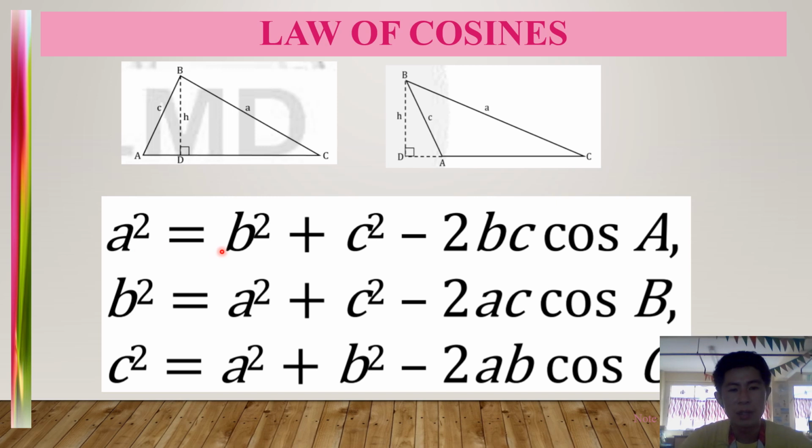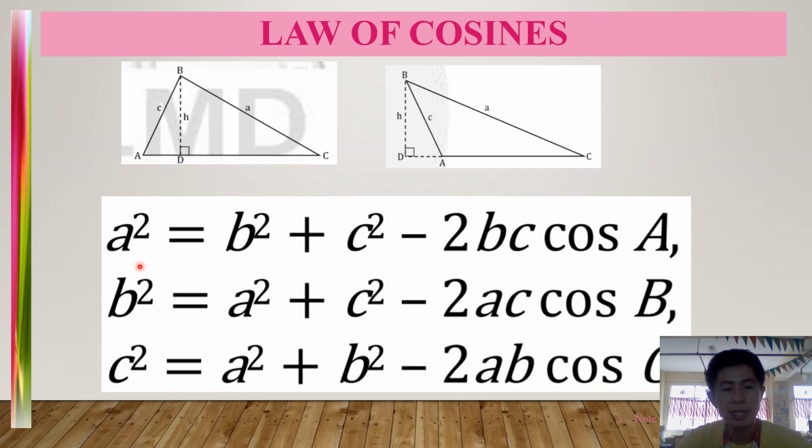A squared is equal to b squared plus c squared minus 2bc cosine A. Okay, the next one is b squared is equal to a squared plus c squared minus 2ac cosine B. And for the last one, we have c squared is equal to a squared plus b squared minus 2ab cosine C. Okay, so let us analyze this formula.